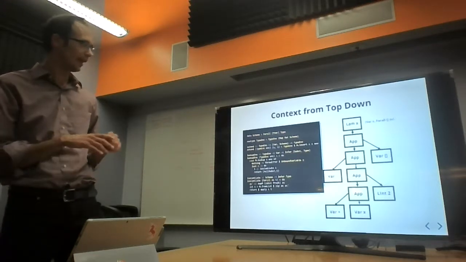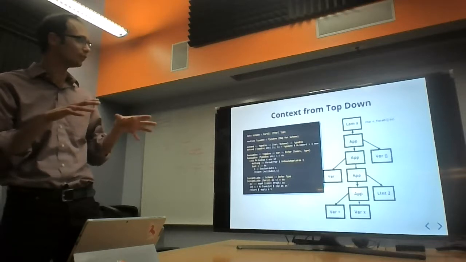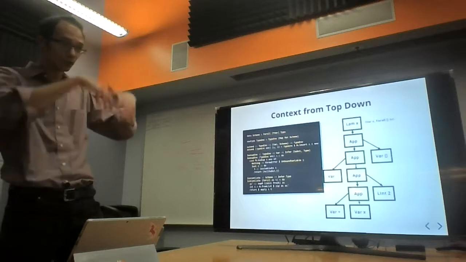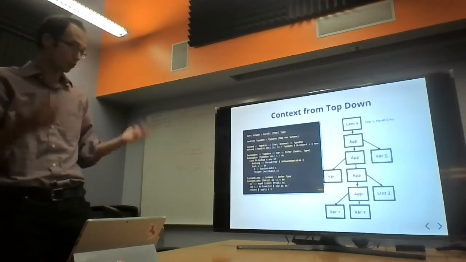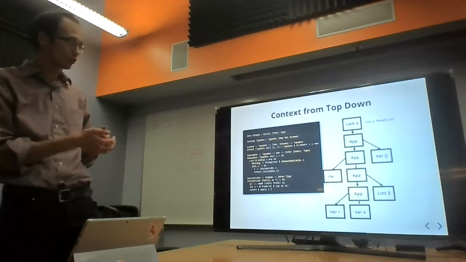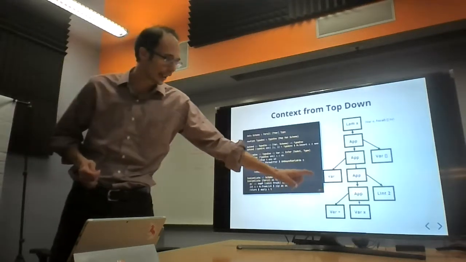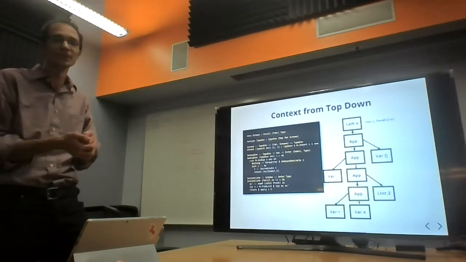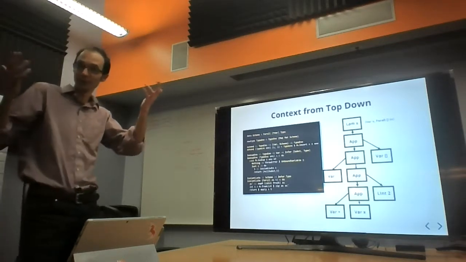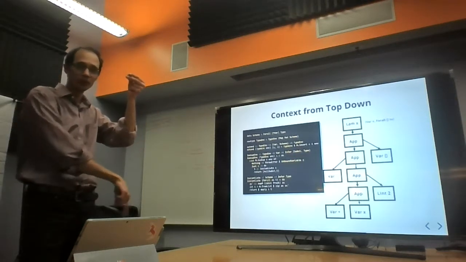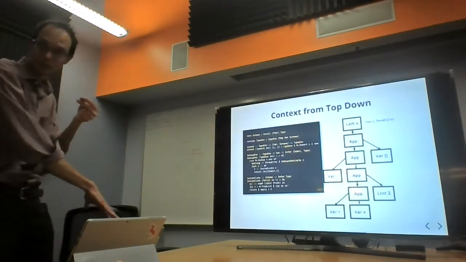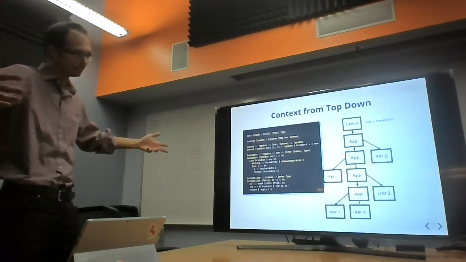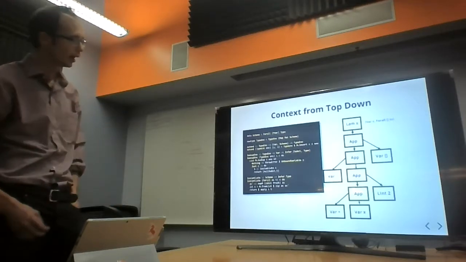I think from a high level, the important piece is just as you're walking down the tree, essentially doing a depth first search on your expression, you're going to encounter situations where either you hit a variable, in which case you need to look it up in the environment, or you hit a lambda. And the lambda says, I've now defined a new variable in my system that might end up showing up in the expression that's going to be somewhere down the tree. So as I'm walking down the tree, I'm growing my type environment, and then potentially using that to look up variables when I get to the bottom.